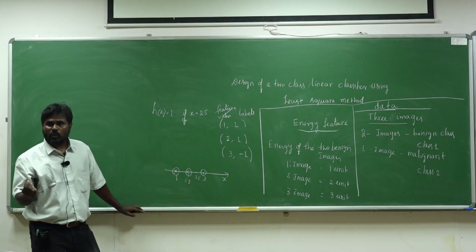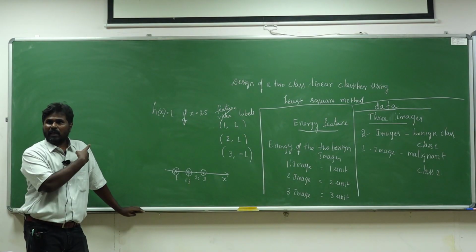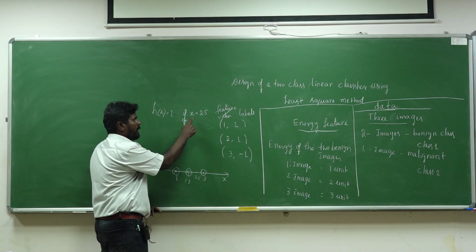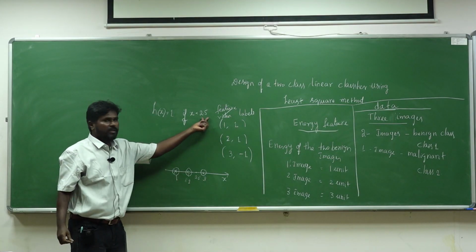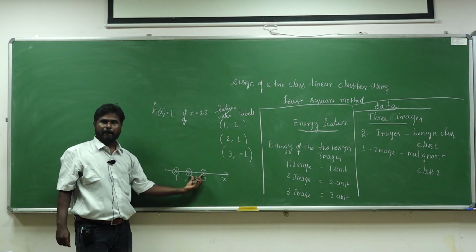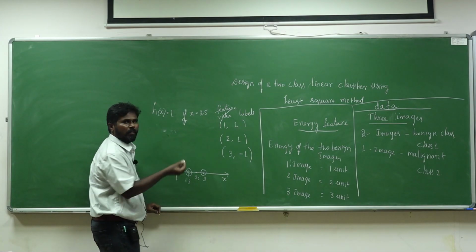I can take any threshold and define the classifier. The h of x is equal to 1 if x is less than 2.5. This is called the threshold. You can take any threshold between these. Now, it is equal to -1 otherwise.